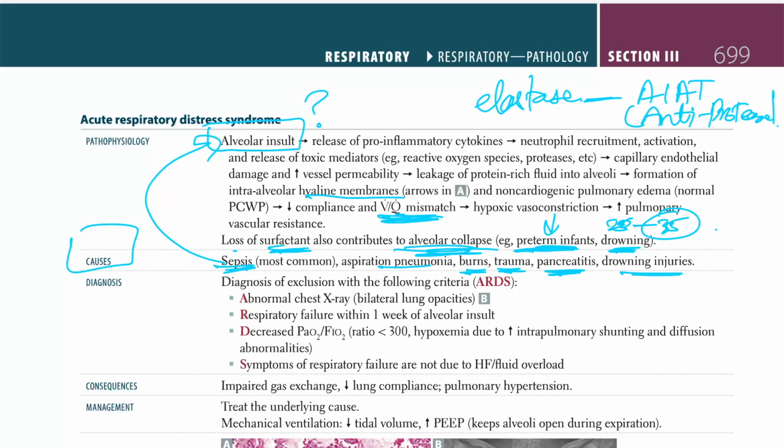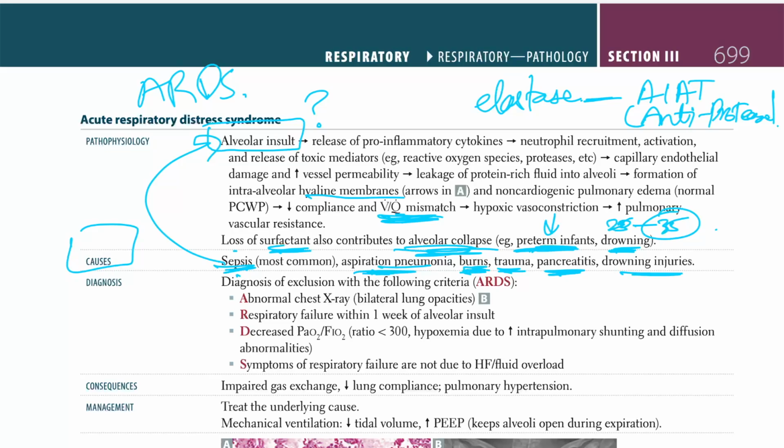So all of these things, sepsis, aspiration pneumonia, burns, these are not a common thing that you think about. You say sepsis, you think about 10 other things, but they're trying to say, hey, listen, in sepsis, you also think about ARDS. In aspiration pneumonia, you might think about it because it's the same system, right?